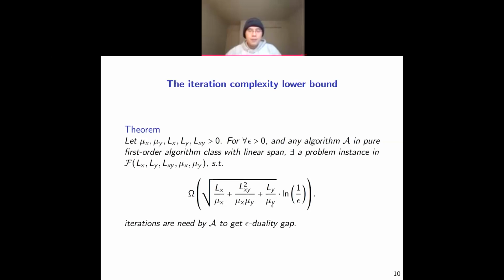If we just consider the minimax problem that has absolutely no coupling, for example, minimize over x, maximize over y, f(x) plus g(y), then for the strongly convex-concave case, the known lower bound for strongly convex optimization is square root of condition number times log 1 over epsilon, which is exactly these two parts.